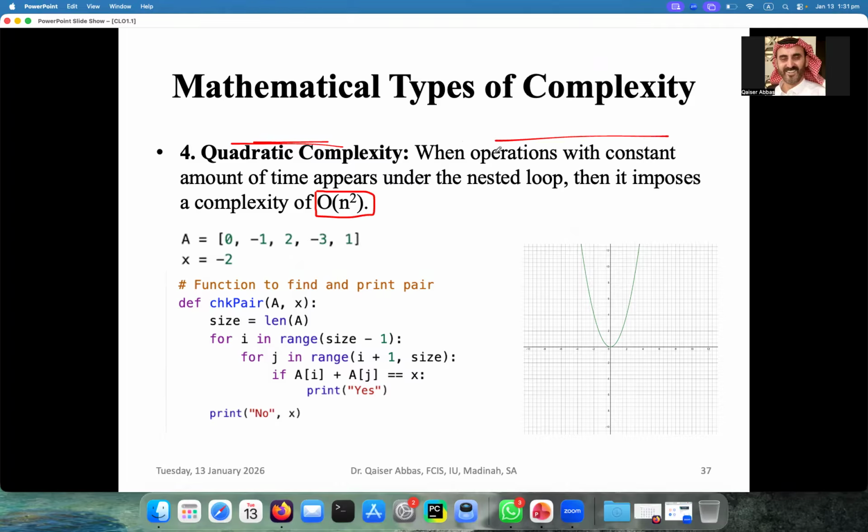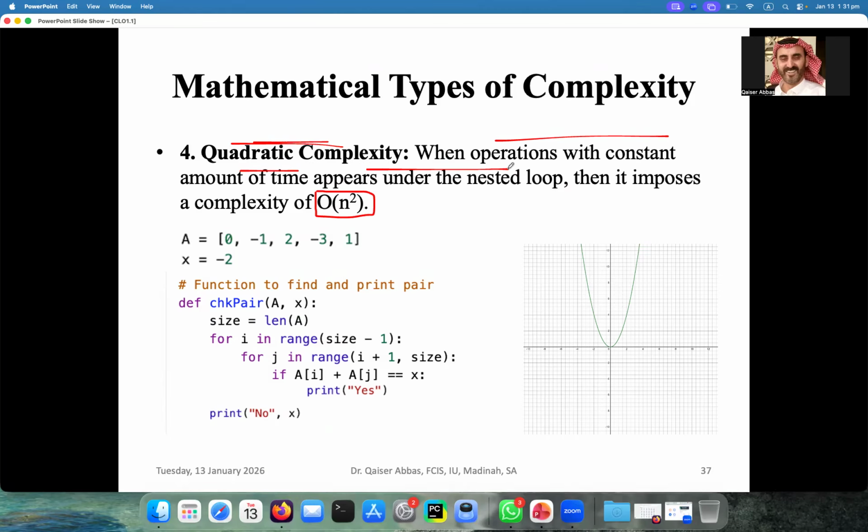When an operation with constant amount of time appears under a nested loop. The easiest understanding is if you have a nested loop and each loop is executing n times in some algorithm, then first thing in your mind, that block is order of n square.